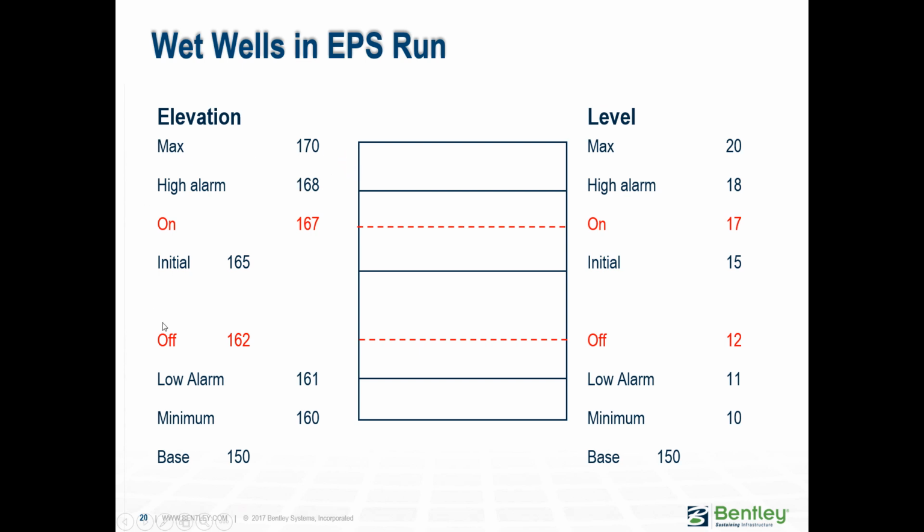But very important, the minimum and maximum: if your tank or your wet well ever goes below the minimum or above the maximum, the tank would be disconnected, and you actually get error messages saying the tank is disconnected, the wet well is disconnected, some results are compromised. So just remember that.